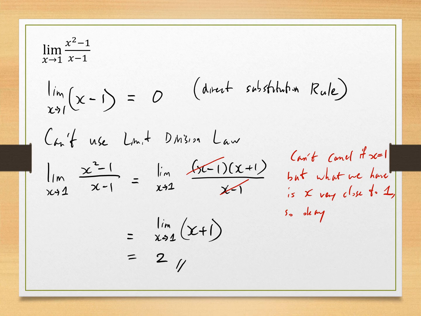It approaches 2. If you draw a diagram, then it's quite clear. We are kind of lucky in this case because we can do algebraic manipulation to cancel out the common term to get ourselves out of this problem.